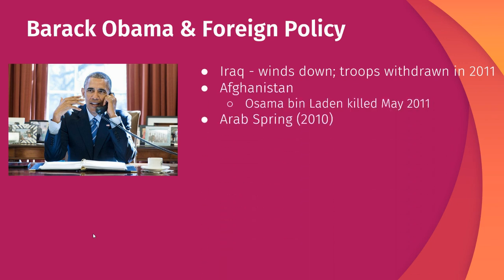He winds down a series of wars that the United States had been fighting, although he can't really find a good way out of either Iraq or Afghanistan. The Arab Spring takes place in 2010, which is a series of protests in the Middle East. Not a lot comes of that, especially in relation to the United States.